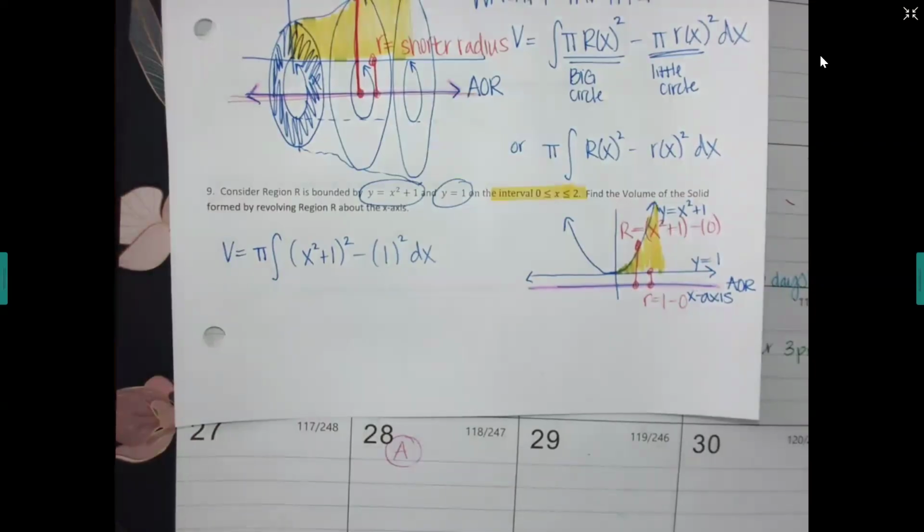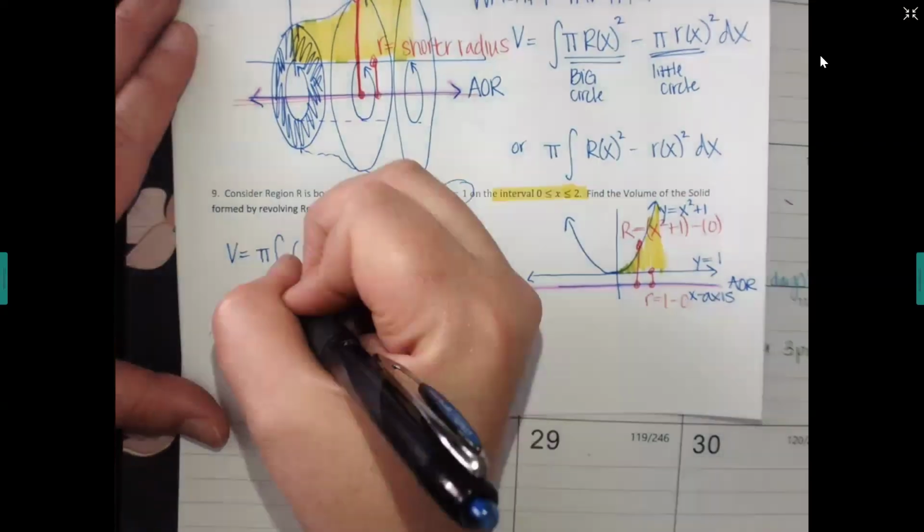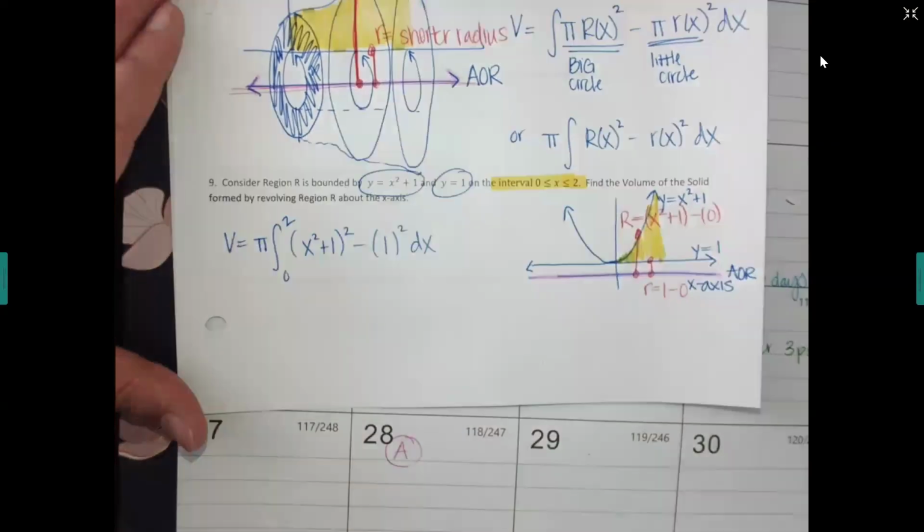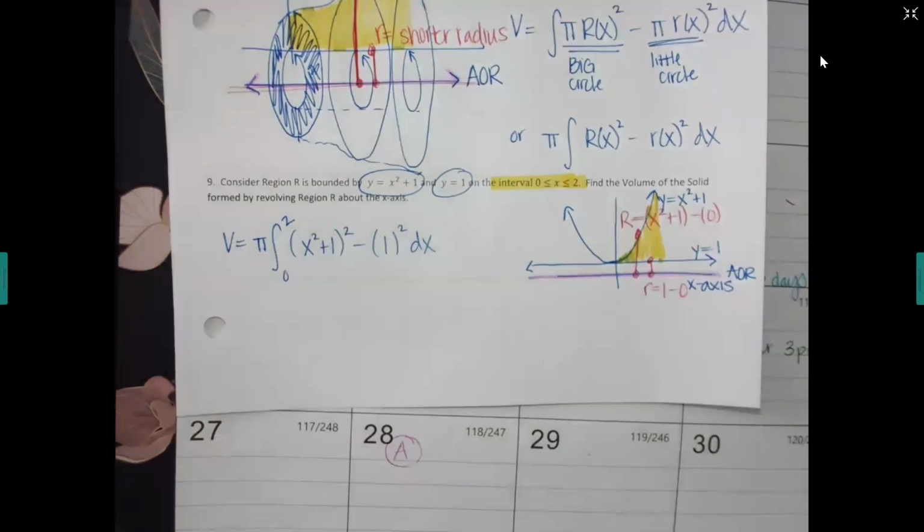And then what are the endpoints of my region? 0 to 2. And then don't do weird stuff. Don't just cross the ones out. That's not a thing. Just put it in the calculator the way that it is. But don't actually do it, just like you would do.